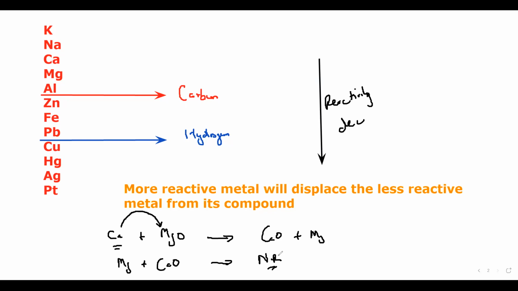So always the more reactive metal displaces the less reactive metal from its compound. So using the reactivity series, we should be able to classify these elements, their reaction with water, their reaction with acid, and their reaction with oxygen.